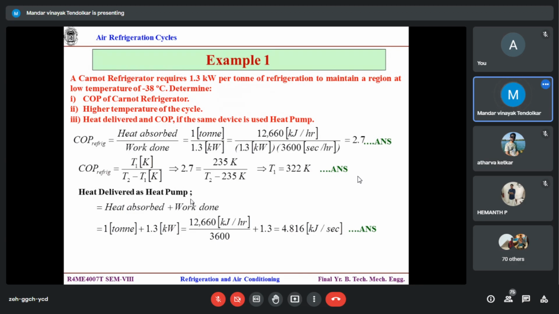So you add it and you get the heat delivered. And if you put it in the reverse way, then COP is heat delivered divided by work done. For the refrigerator, it was heat absorbed by work done. So ultimately it should come to the same value, 2.7 plus 1, 3.7. Fine. Yes, sir.